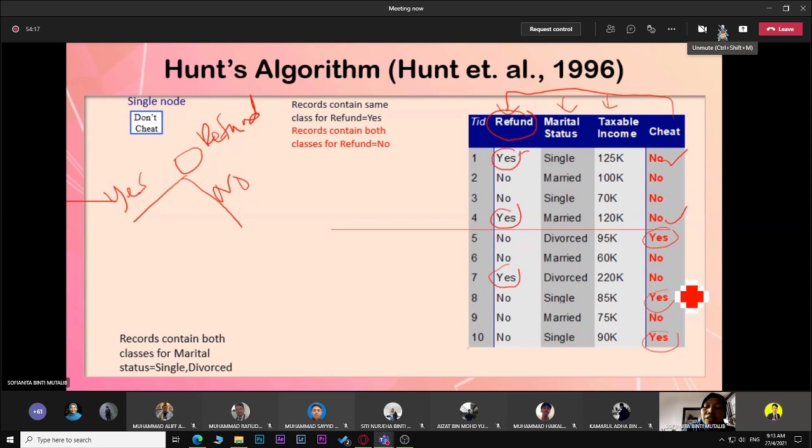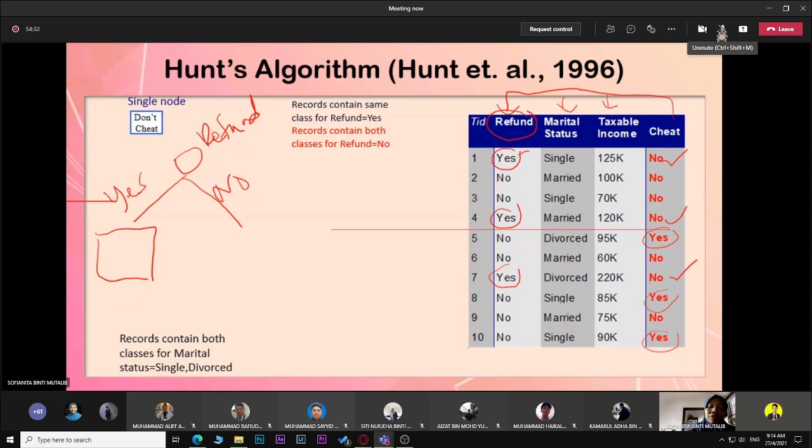Remember the process: if all belong to the same class level, then you create what we call a leaf node.